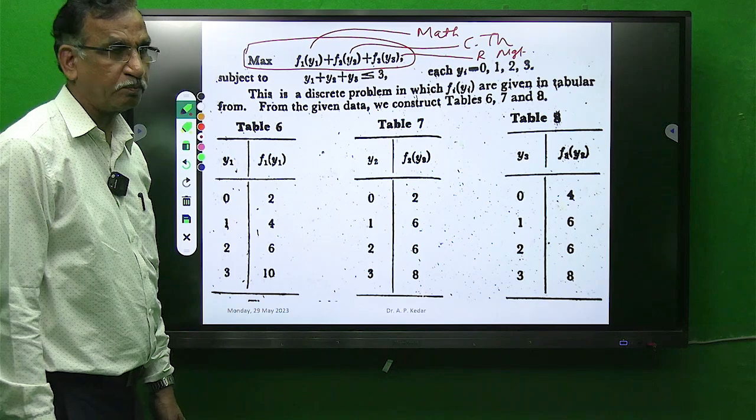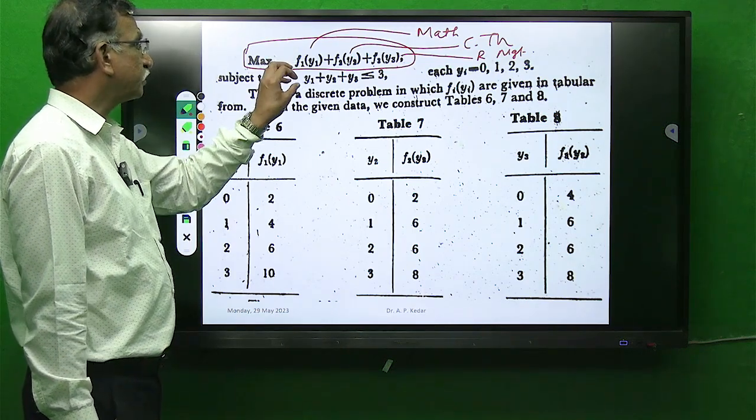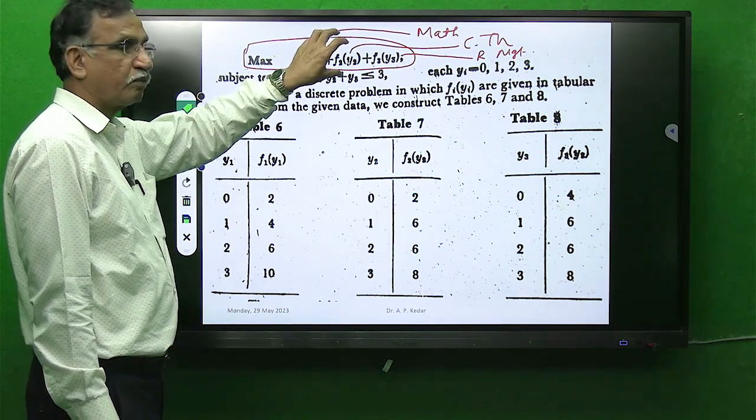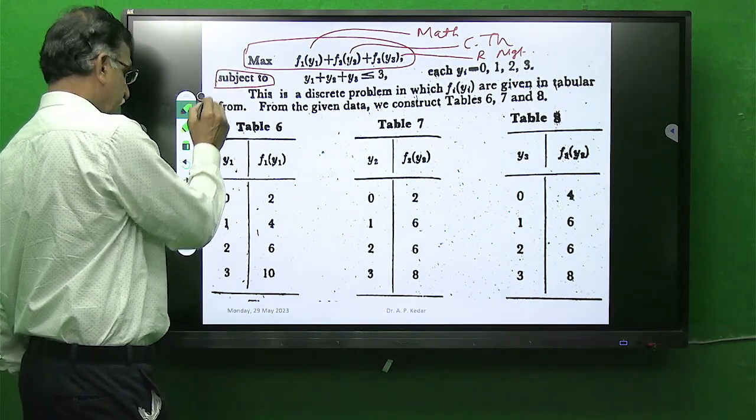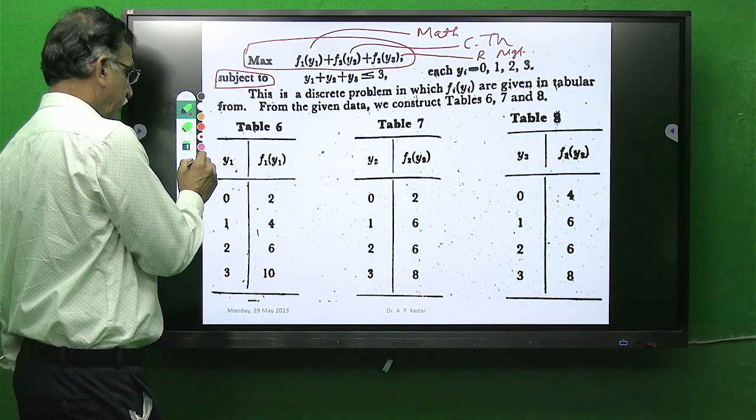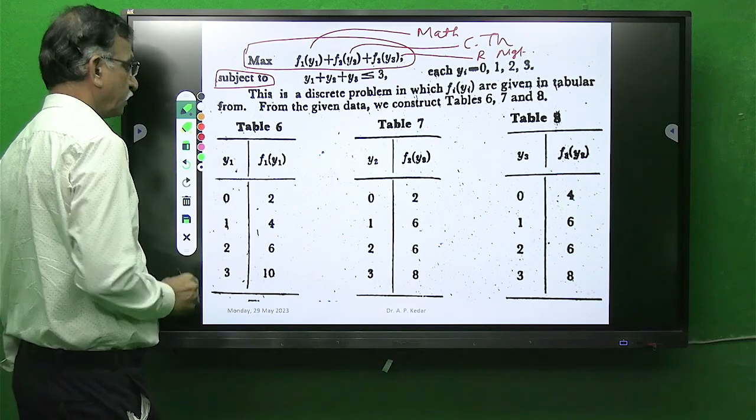So I am interested in getting maximum grade points, but it is subject to some condition. And what is that condition, students?